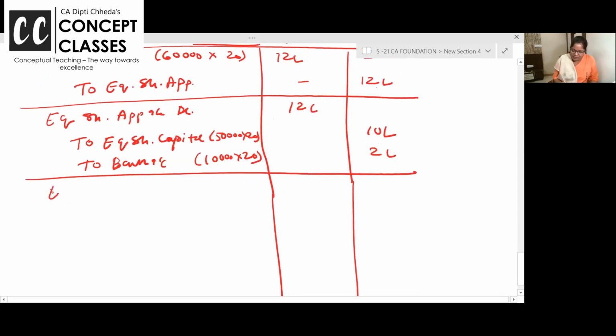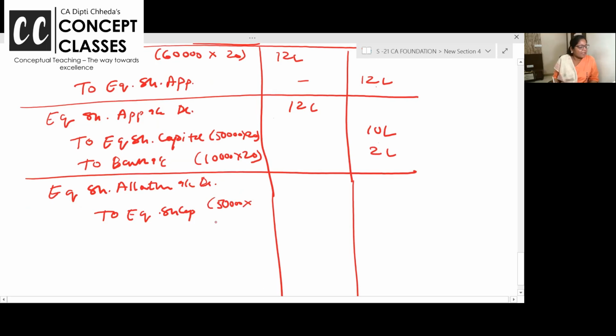Now, can we make equity share allotment account due to equity share capital? 50,000, and allotment is how much? 10. 5 lakh, 5 lakh.